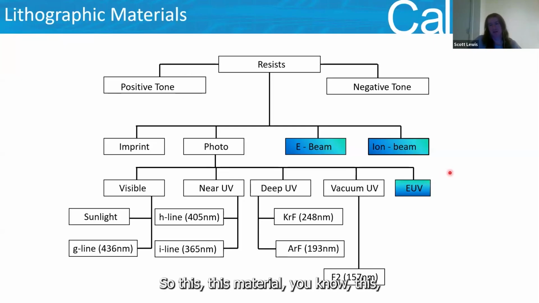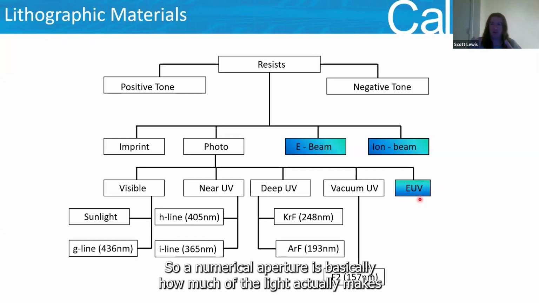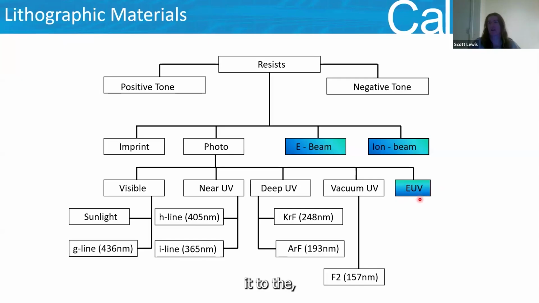So this material, you know, this is going to have an evolution. So we go from, you know, this has got like a numerical aperture. So a numerical aperture is basically how much of the light actually makes it to the resist. It's basically 0.35, but now ASML are bringing out high NA.